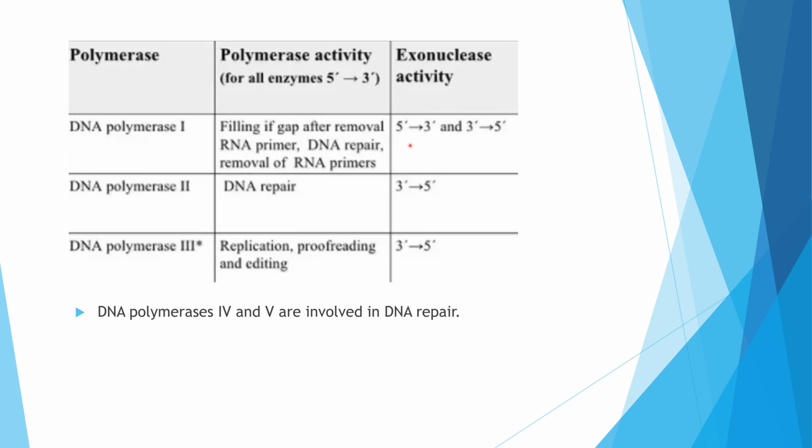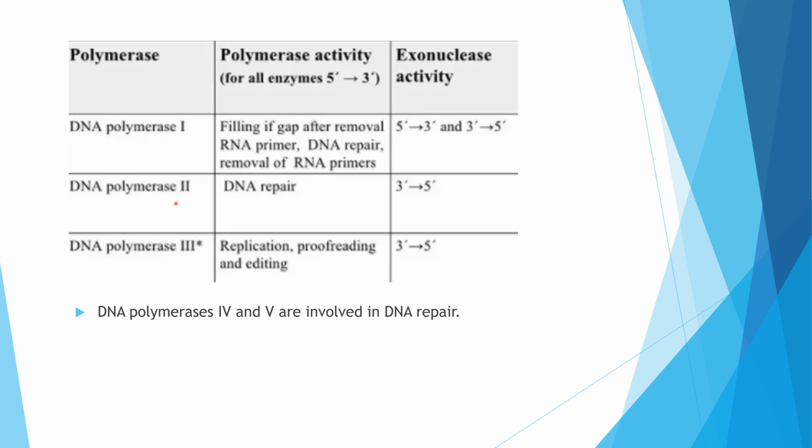It shows exonuclease activity in the 5 to 3 direction and also in the 3 to 5 direction. DNA polymerase 1 is the only DNA polymerase which shows exonuclease activity in both directions.